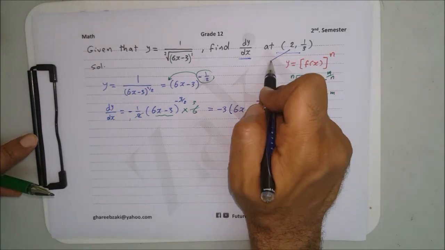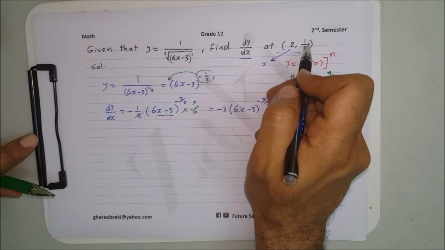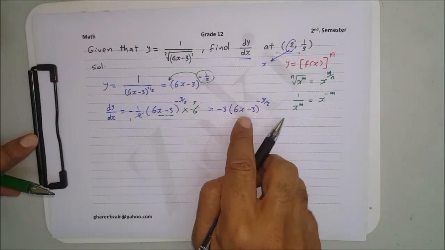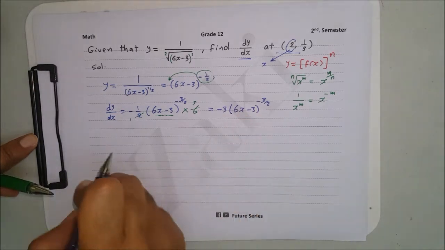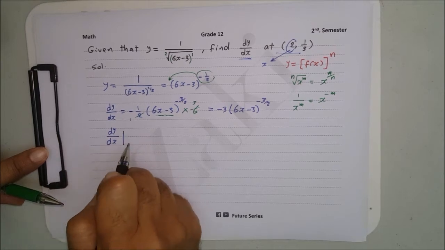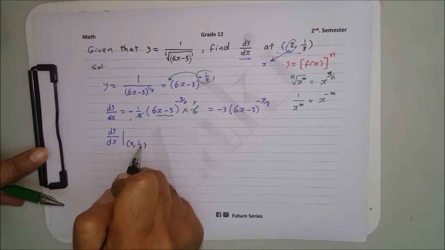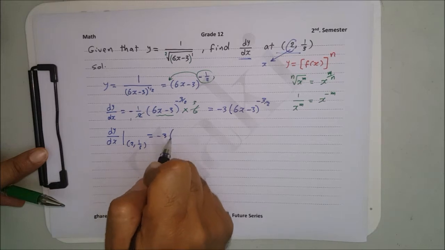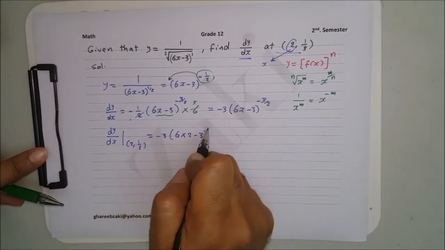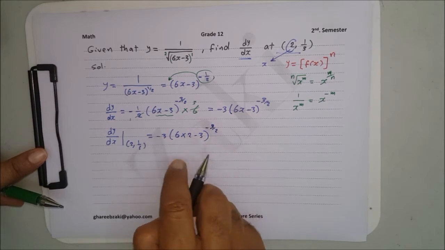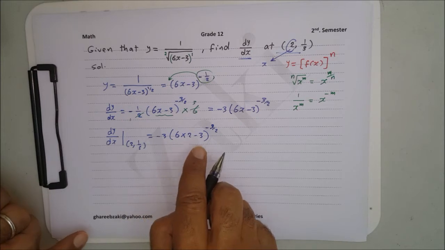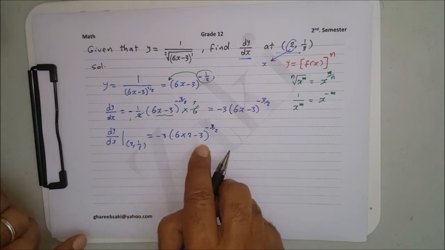So we differentiate. The second part, we need dy by dx at this point. At this point, it means we replace x by 2. We just replace x by 2, because in that function, in dy by dx, there is no y inside. So dy by dx at 2 and 1/3 equals negative 3 bracket 6 multiplied by 2 minus 3 all to the power negative 3 over 2. 6 multiplied by 2 equals 12. 12 minus 3 equals 9.